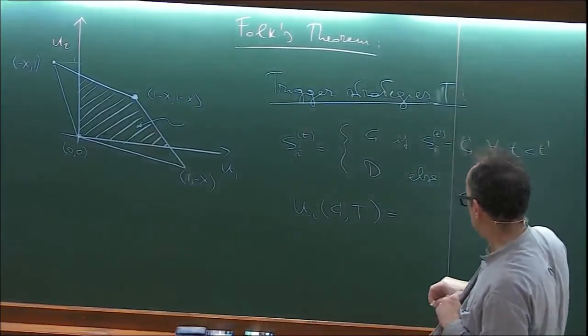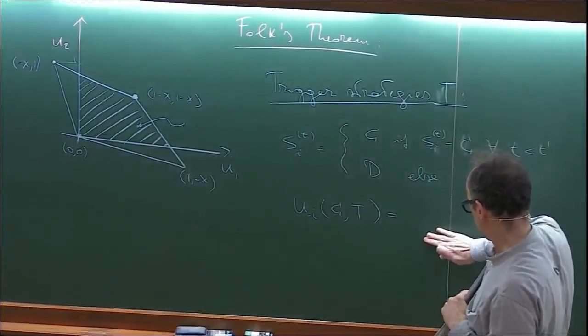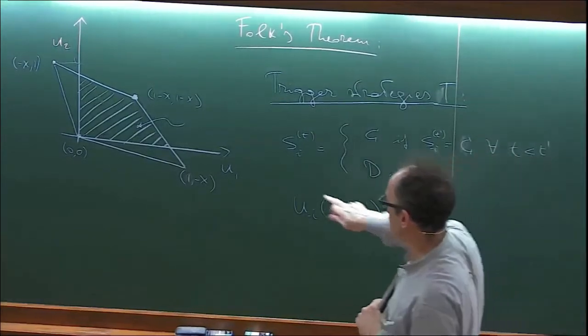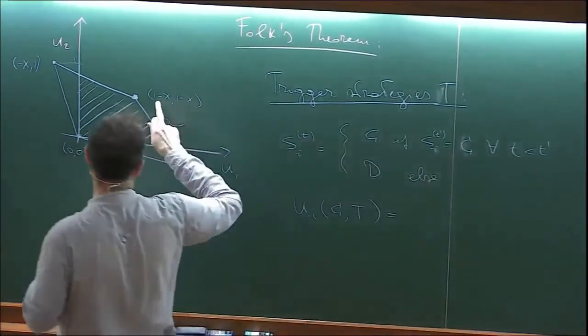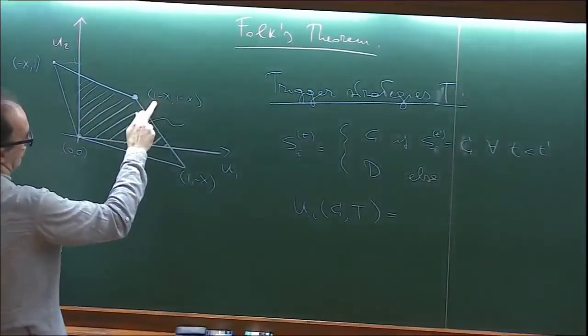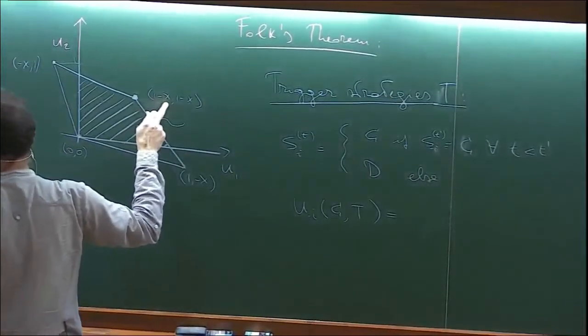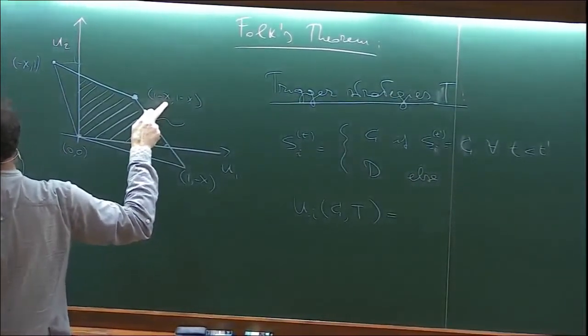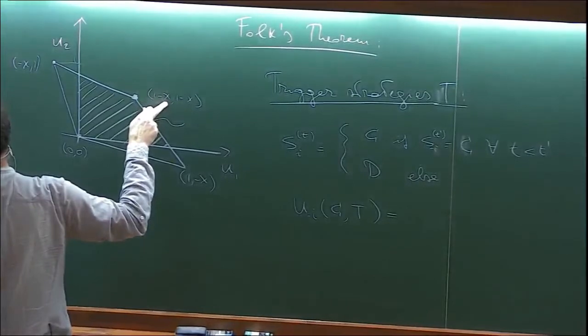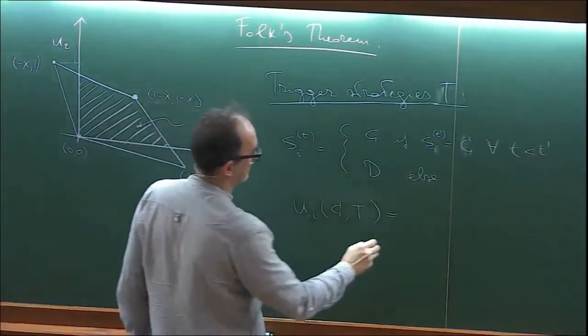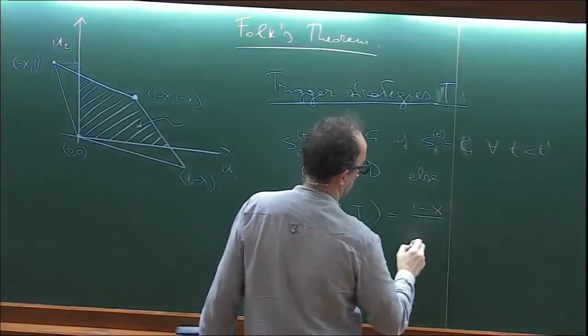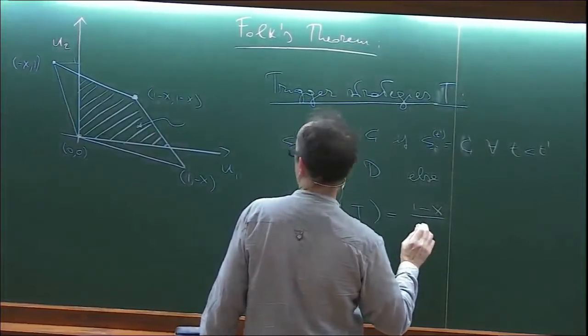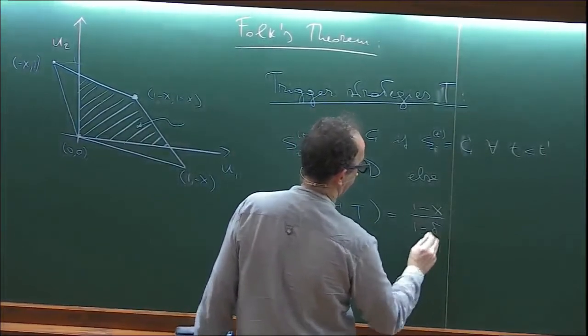And how much would he get? Well, if he cooperates forever, then he would get 1 minus x at every stage. So you just have to sum the geometric series, and you get 1 minus x divided by 1 minus delta.